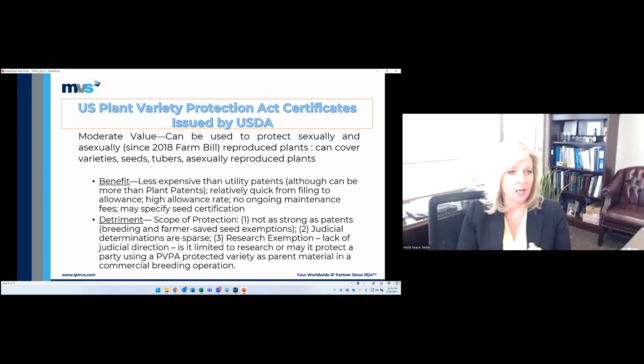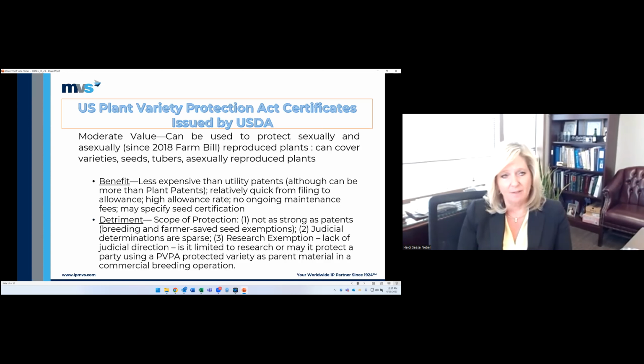PVPs are certificates issued by the United States Department of Agriculture. They issue more quickly than utility patents. Some people think they're less expensive, but if we look at some of the numbers, they're not necessarily that much less expensive than a utility patent. One of the things I learned, as I'm considered a special employee of the USPTO with this Public Advisory Committee, is that the USPTO keeps filing fees very low.